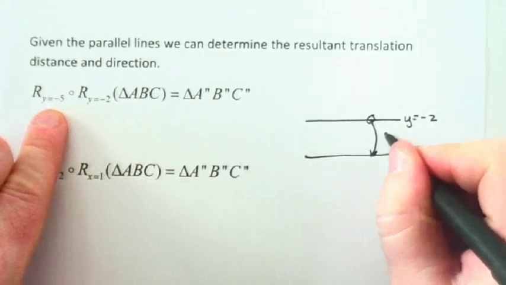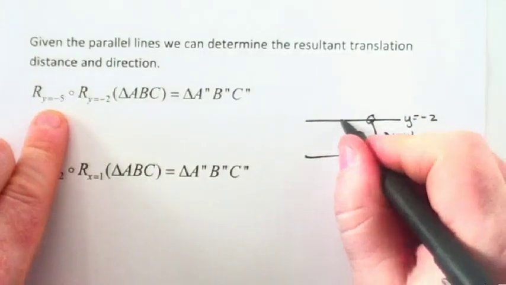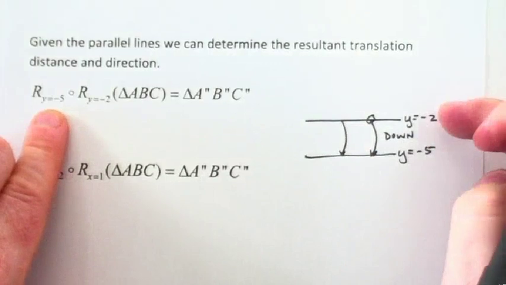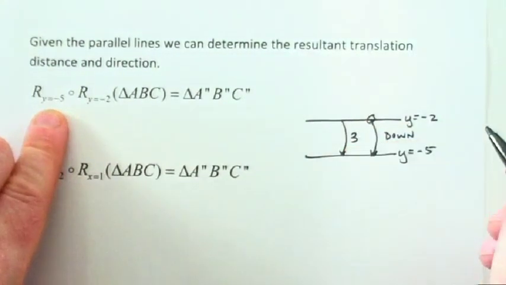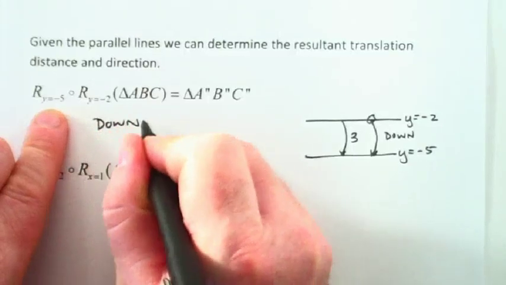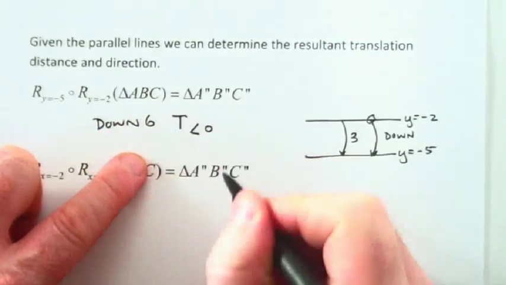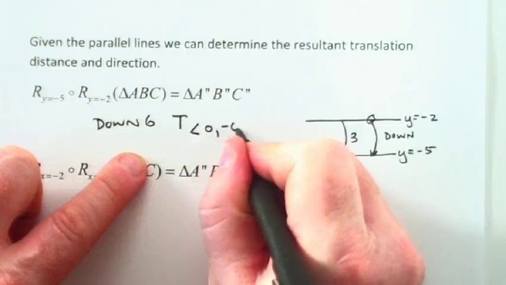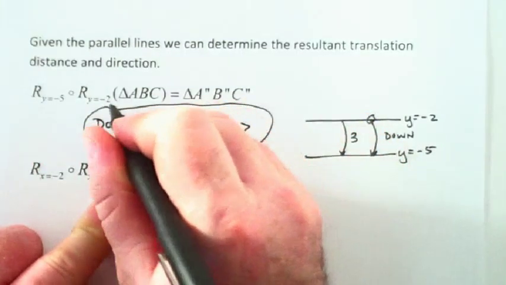So first of all, that's a downward motion. Second of all, the distance is 3 from negative 2 to negative 5. So the overall picture would be to go down 6. Now how would I write that? That would be a translation, leaving x alone and taking the y values down 6.